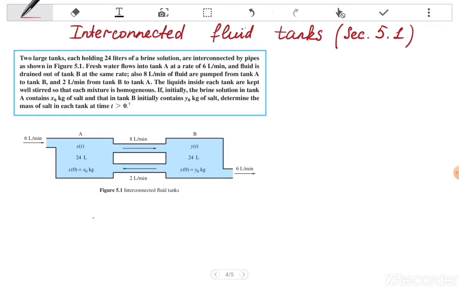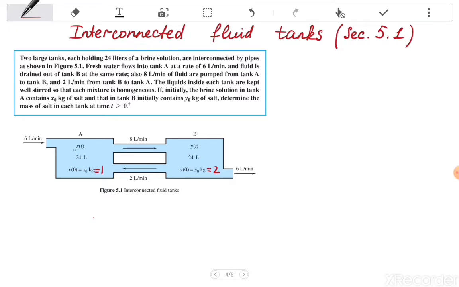And what are we given? We're given that the volumes of tank A and B are 24 liters. And we also have some initial amount of salt in each tank. Here we have x0, let's say, just for simplicity, 1 kilogram, and in tank B we had initially 2 kilograms of salt.